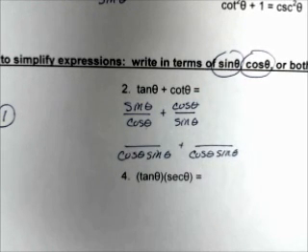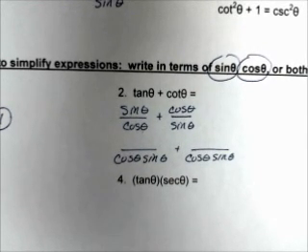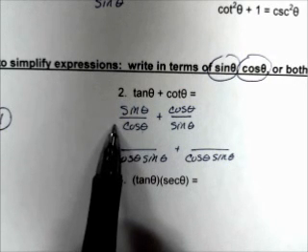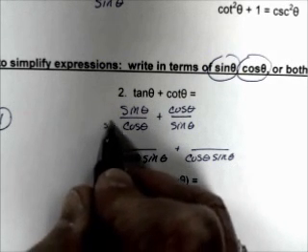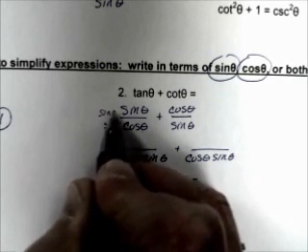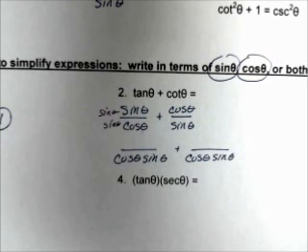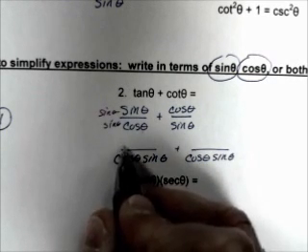All right, so I'll write down equivalent fractions with a denominator of cosine theta sine theta. What do we need to do here? We need to multiply by 1 in the form of sine theta over sine theta. So sine theta times sine theta is sine squared theta.